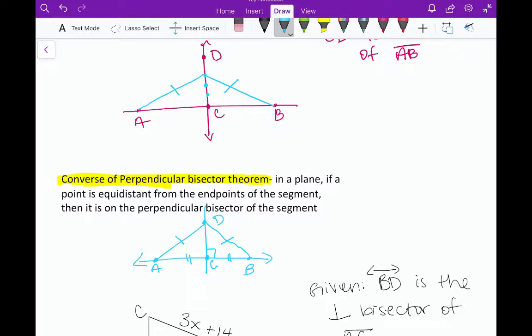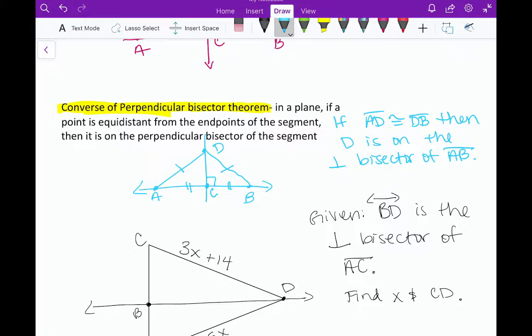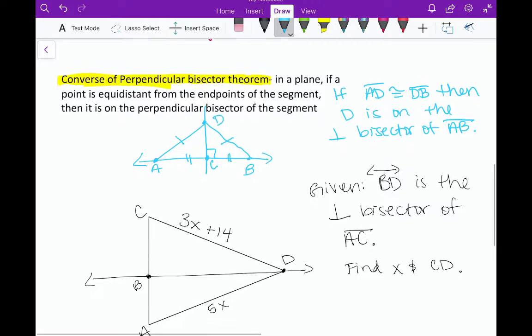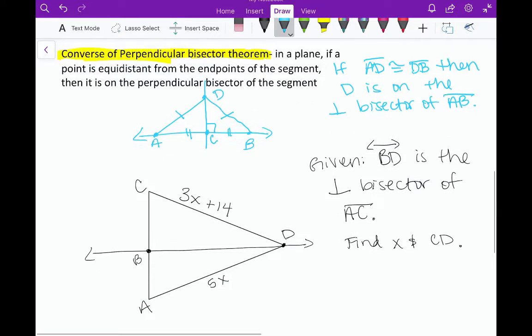So again, if the segments AD and DB are congruent, then D is on the perpendicular bisector. Don't forget that a bisector means it intersects at a midpoint, which means AC is congruent to BC, again, by definition of midpoint or perpendicular bisector.